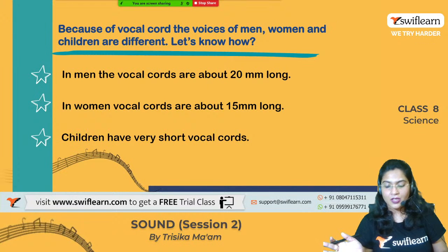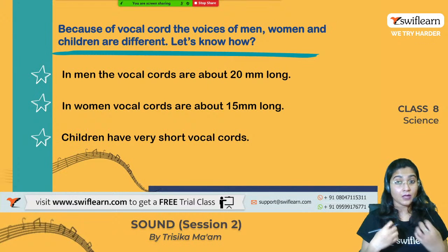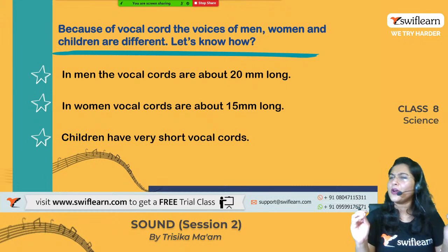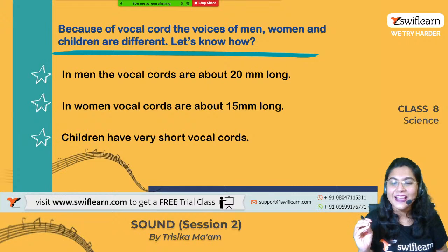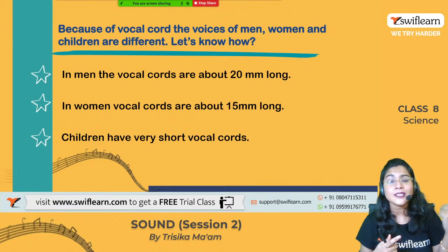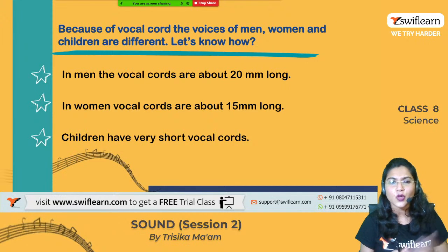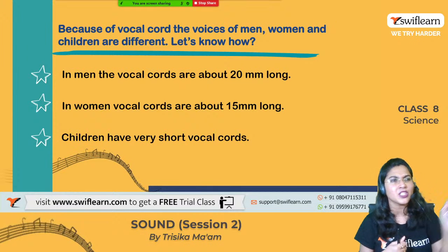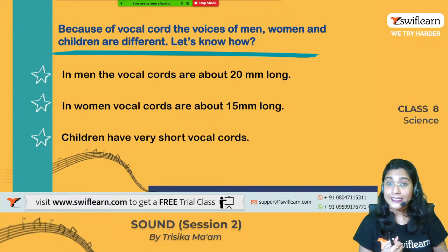There is a very deep voice which comes from men, and there is a very shrill voice which comes from women. The voice of children is also different. If you hear somebody calling, or some children talking, you will be able to understand that it is children, not adults. How will you be able to understand? Because of the different voices, right?